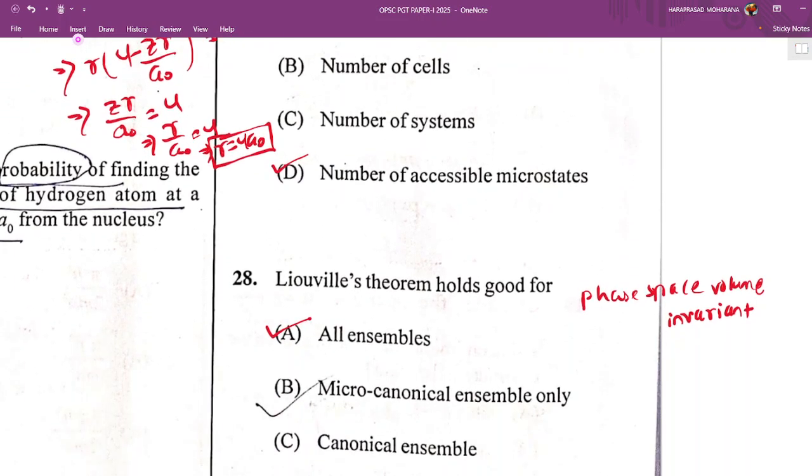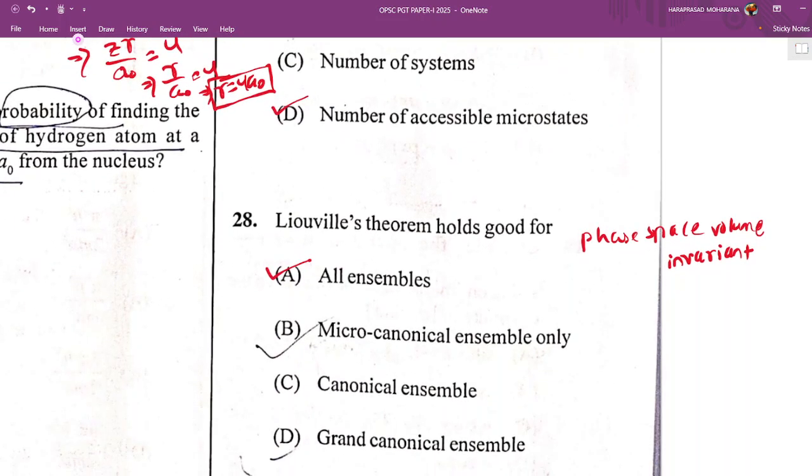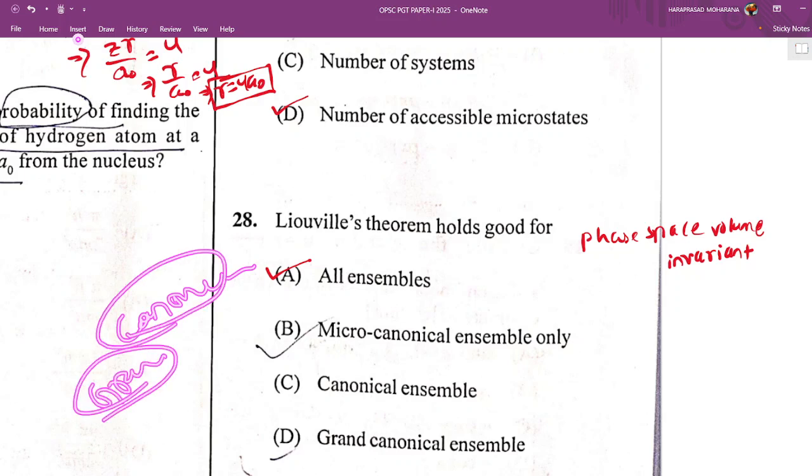And the question number 28: Liouville's theorem holds for. It will be for all ensembles, because we have three ensembles. One is microcanonical, second is canonical, and the third is grand canonical. In all the cases, the constant term V is always there.